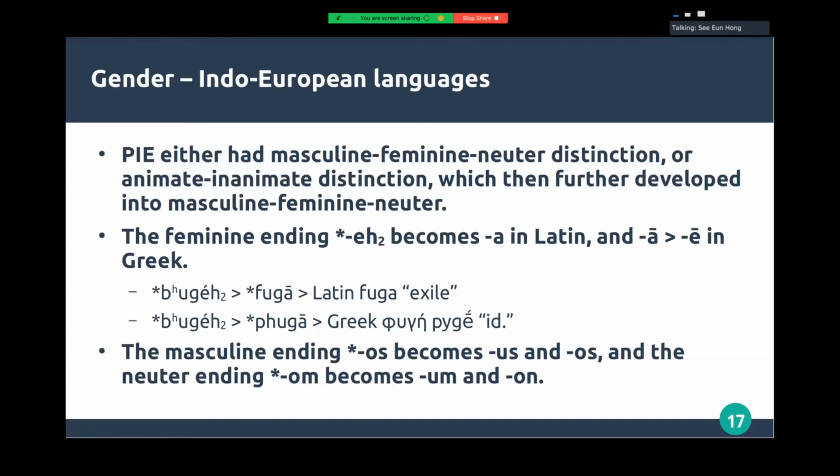And this is why in daughter languages like Greek or French, Spanish, many of the abstract nouns are all feminine. And again, the masculine ending, well, is -os in the nominative singular, and it becomes the familiar -us ending in Latin, and -os in Greek, like in the word logos. And the neuter ending becomes -um in Latin, like datum, the singular of data, or -on, as in criterion in Greek.